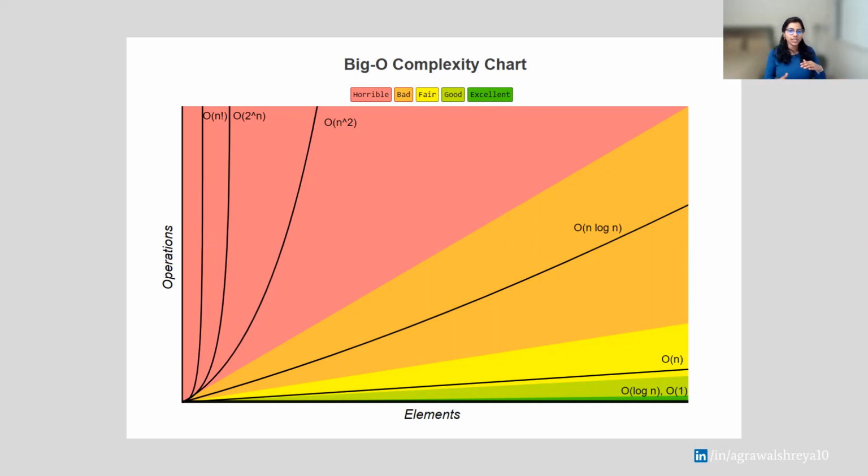When we talk about reaching infinity, the order of one will always remain close to the x-axis. Why? Because it is constant complexity, so it will always remain grounded. Even if it grows, it will not grow much.